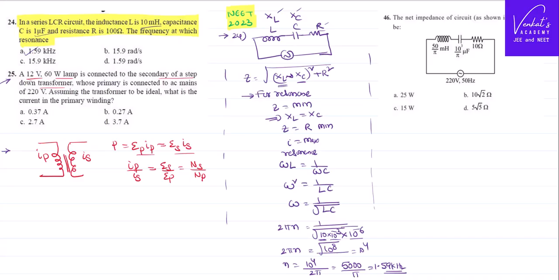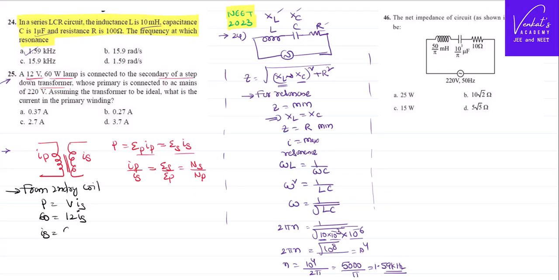Now we can calculate. Let us see what data is given for you. Secondary coil 12 volts and 60 watt. So I can calculate from that using the formula, power equals VI. From the secondary coil, power is 60, V equals 12 and I secondary, because that's all secondary.